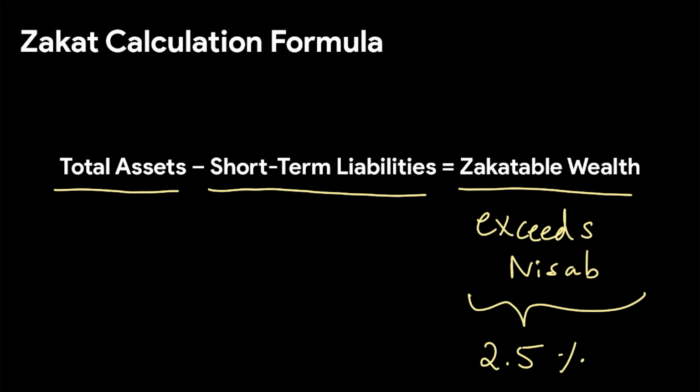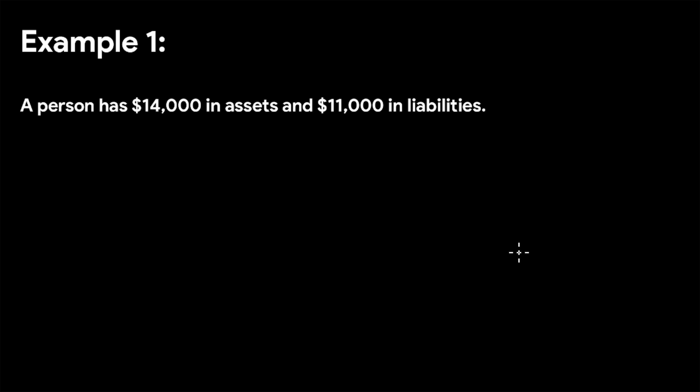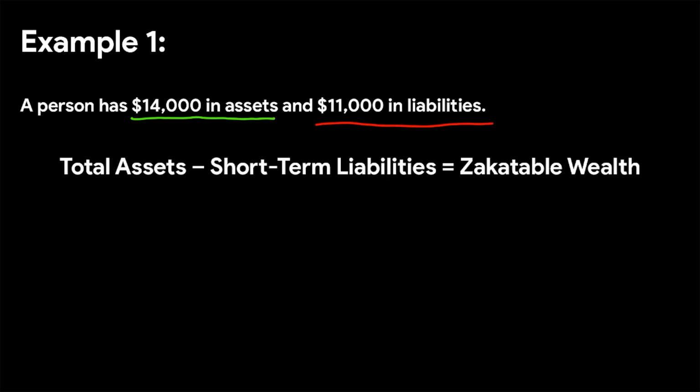So let's take a look at some example calculations. A person has $14,000 in assets and $11,000 in liabilities. So let's pull up the zakat calculation formula. Total assets minus short-term liabilities equals zakatable wealth.